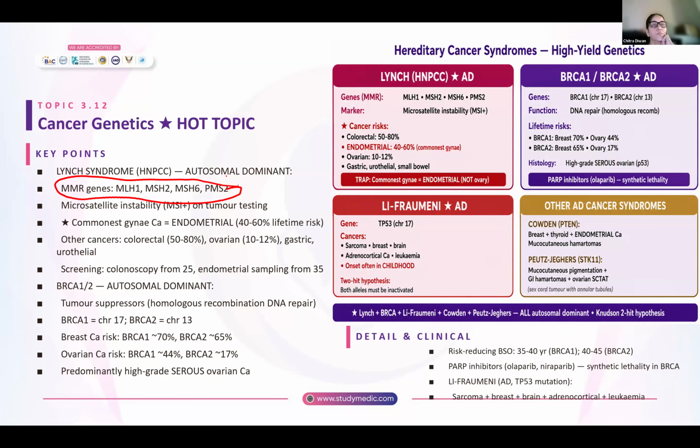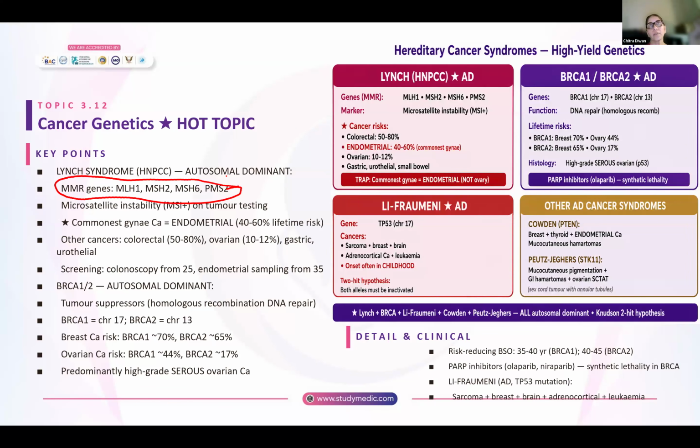Okay, so then you have BRCA1 and BRCA2. Remember, it is autosomal dominant. There is a defect in the DNA repair genes, because when we saw the cell cycle, the cell is constantly monitoring to see whether there is a defect in the cell before it moves on to cell replication.